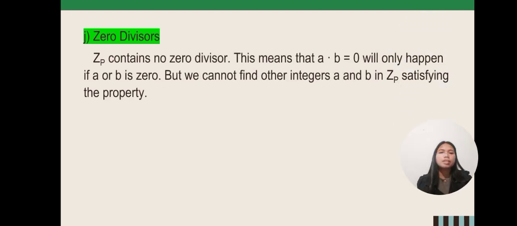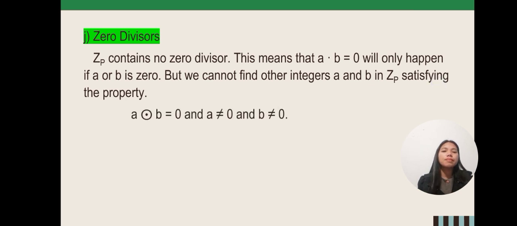Zero divisors. Z sub p contains no zero divisor. This means that a times b equals 0 will only happen if a or b is 0. But we cannot find other integers a and b in Z sub p satisfying the property. So we have a Hadamard product b equals 0 and a is not equal to 0 and b is not equal to 0.